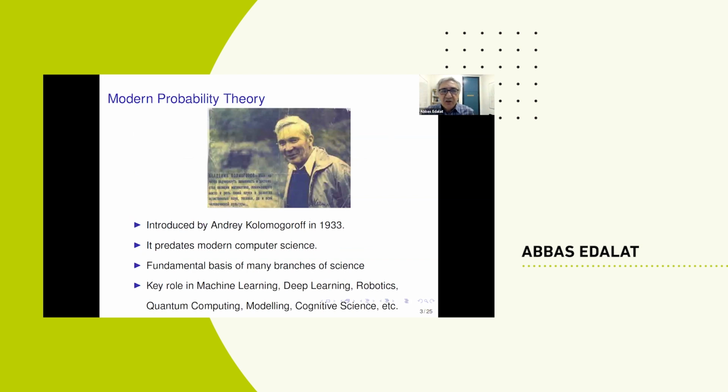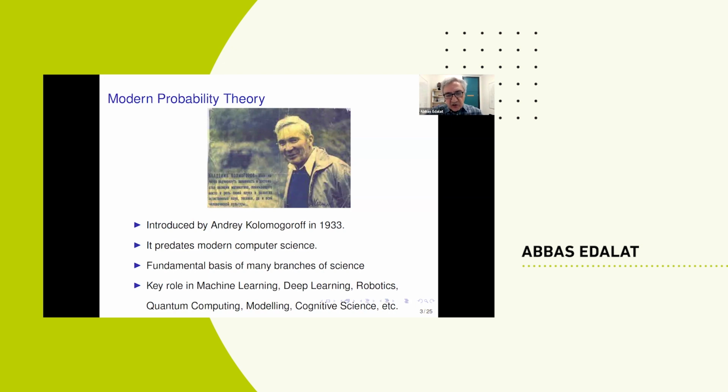Okay, so let's start with elements of probability theory as introduced by Andrei Kolmogorov in 1933. I could only find one colored photo of Kolmogorov, which is the one that I have here on this slide. And it's also the only photo in which he's smiling. So I chose this one, although the quality is not great. So the contribution of Kolmogorov to probability theory is quite crucial because for almost a century, it's stood the test of time.